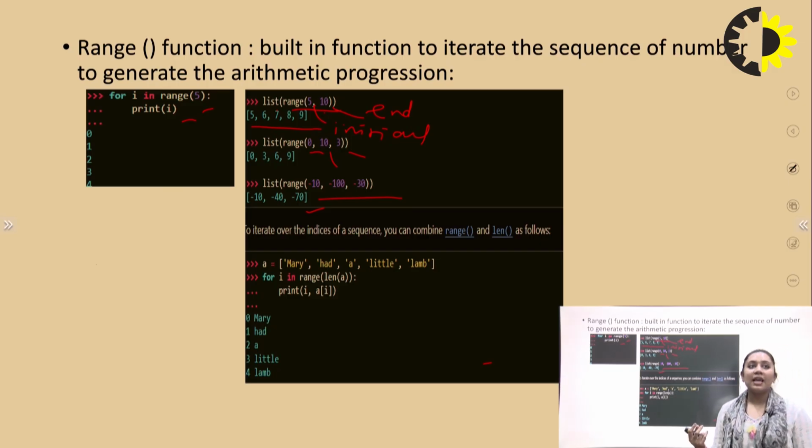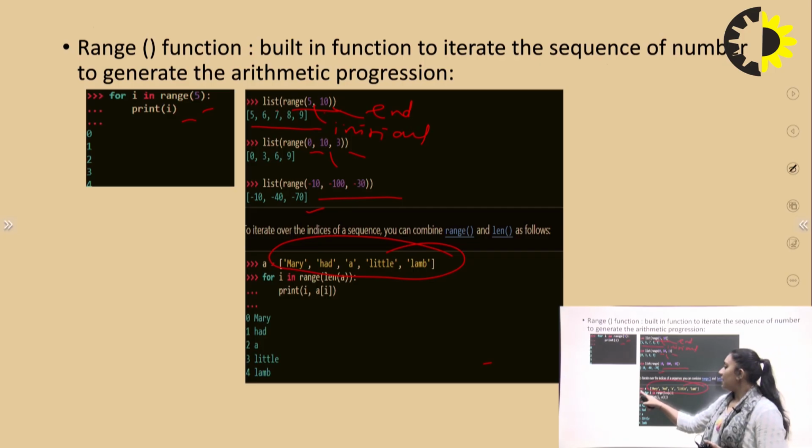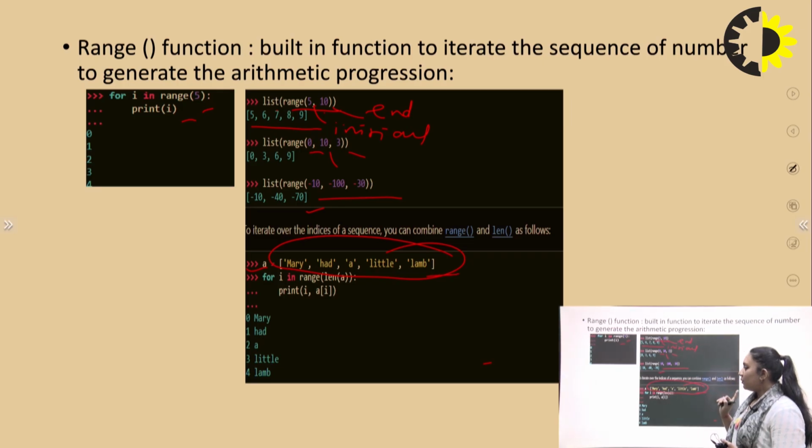Next, you need to use the range and the length. Range is used to iterate over a sequence of numbers and generate an arithmetic progression, and length is used to get the size of a particular value stored in a variable. So you can see A equal to a list: Mary had a little lamb. This string was stored in variable A. We use the for loop: for I in range, what range?